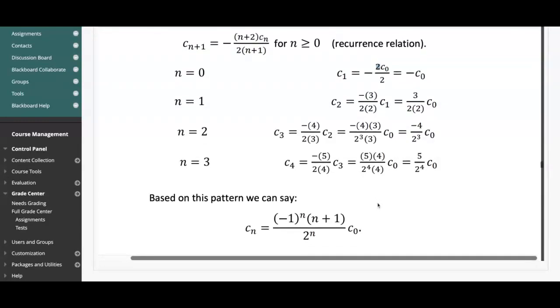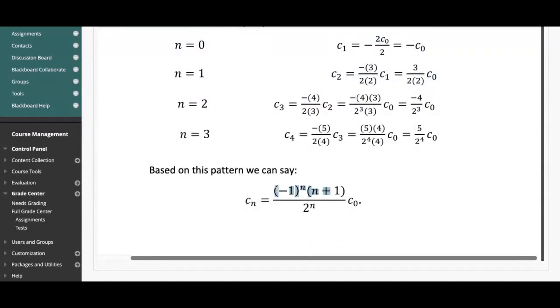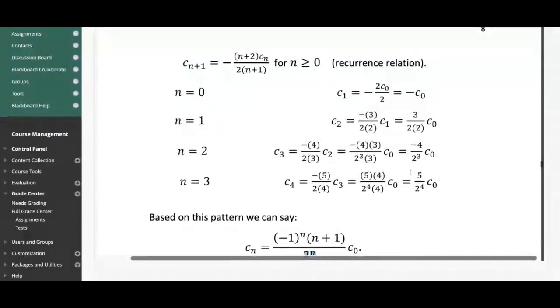And so we form a general term, which is an alternating series. The numerator is the position plus 1, where n shows the position. And the denominator is just 2 raised to the position: 2 to the 1, 2 to the 2, 2 to the 3, 2 to the 4.